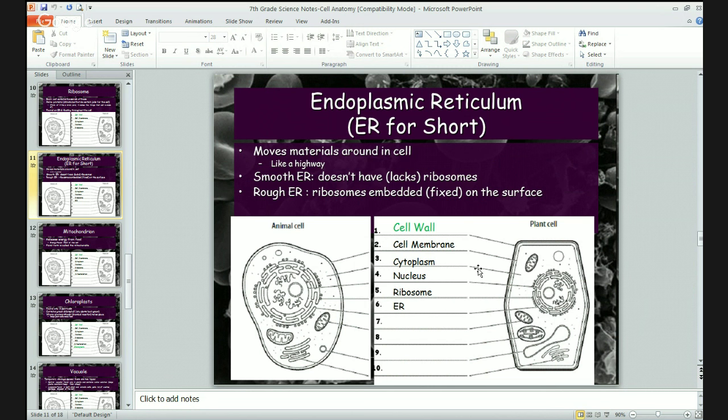So rough endoplasmic reticulum is going to make proteins because it's got those ribosomes, which make proteins. Smooth endoplasmic reticulum is going to make lipids or fats for your body. It's a lot to write in that small box up here, those 3 things, but you'll have to squeeze it in there.